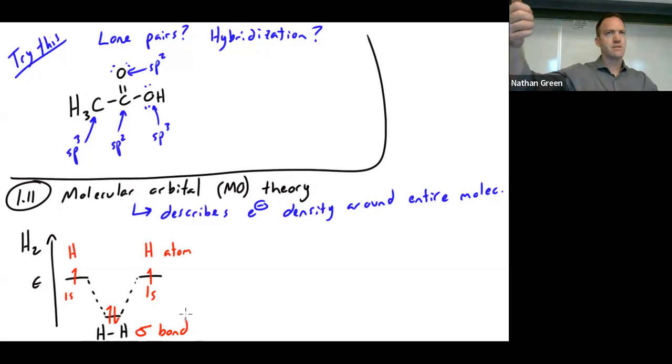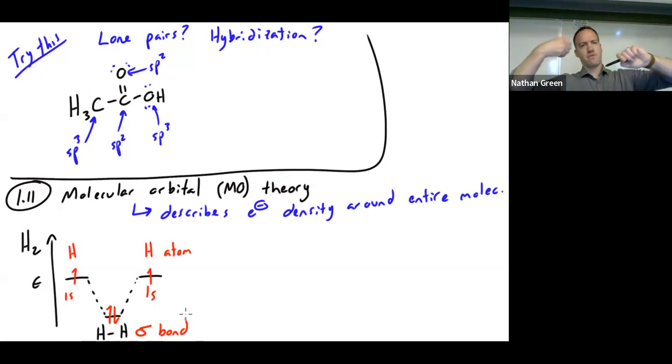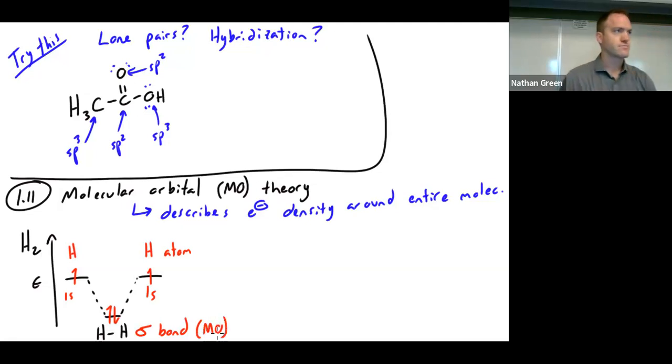When one hydrogen binds to another hydrogen, there's not like an electron floating over here and an electron floating over here. They just turn into a soup of the bond between the two hydrogen atoms that we call a sigma bond or a molecular orbital. That's where we get bond strength from. How far this drops is how strong the bond is.